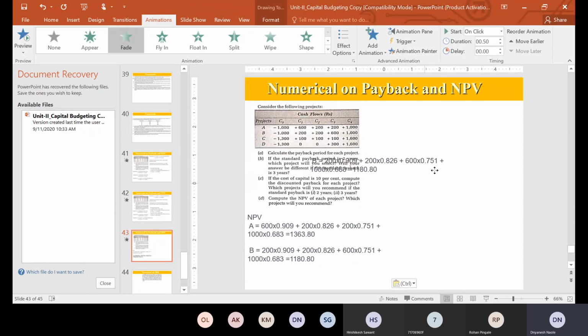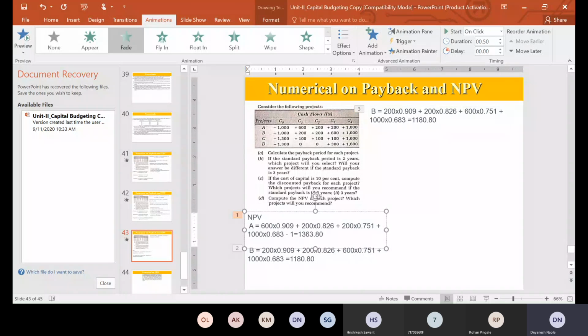Yes. Sorry, you need to subtract also. I forgot this, minus 1000 rupees. Here also minus 1000 rupees. So this comes to 363.80 and this comes to 180.80.